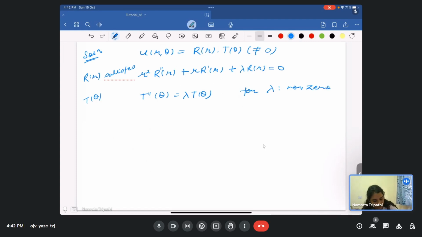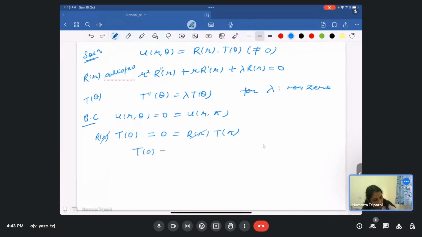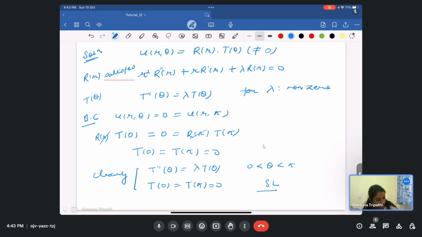Okay, so after applying the boundary condition u(r, 0) equals 0 equals u(r, π), that means R(r)T(0) equals R(r)T(π), so T(0) equals T(π) equals 0. Clearly, this is an SL problem, so we can solve it.